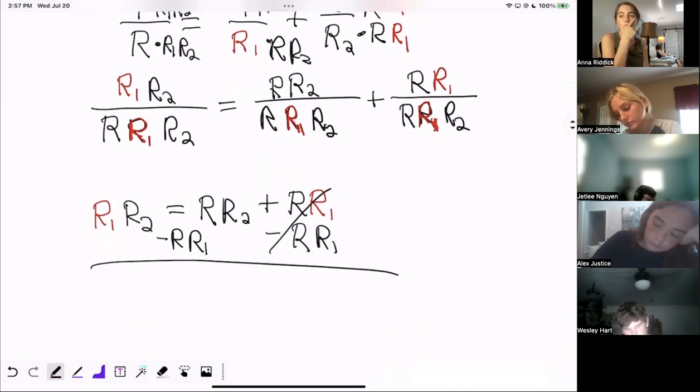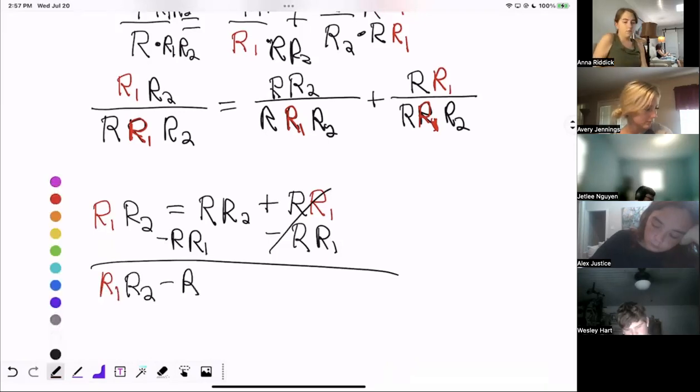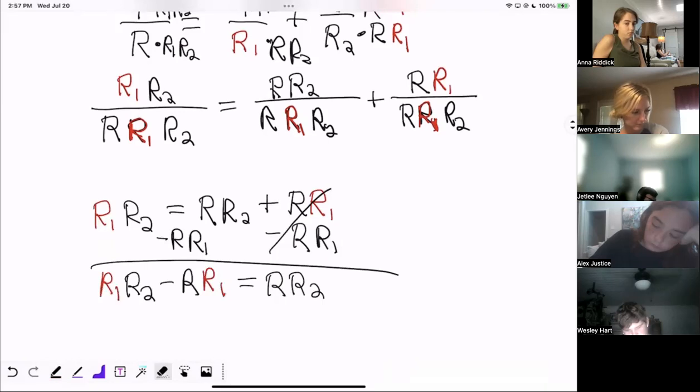So I subtract that. I have r sub 1, r sub 2 minus r sub 1 is equal to r sub 2. All I did was take the r sub 1 and subtract it to the other side.